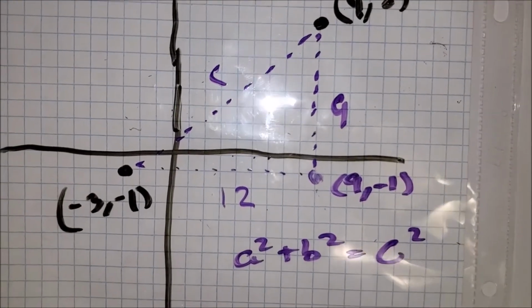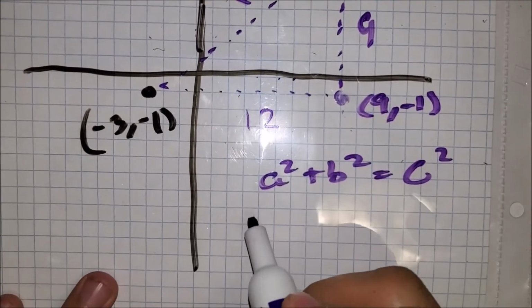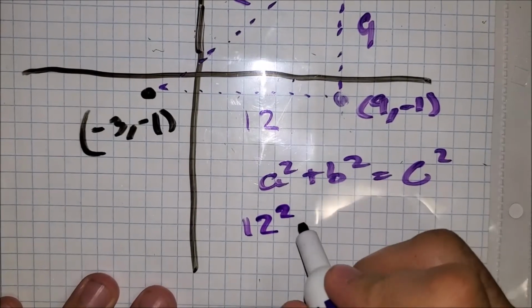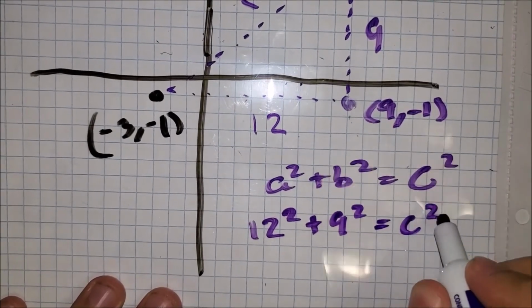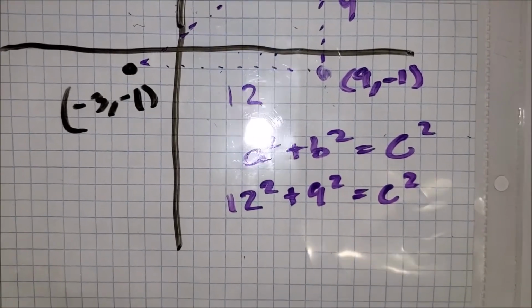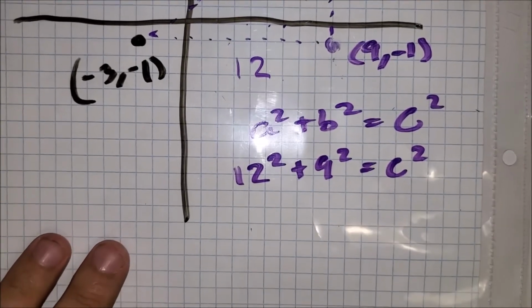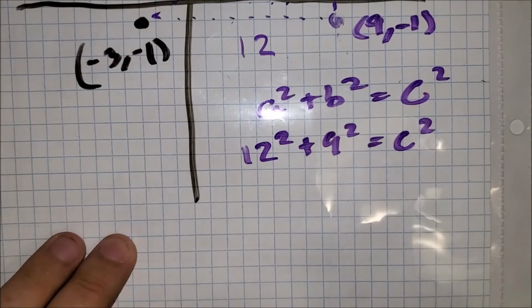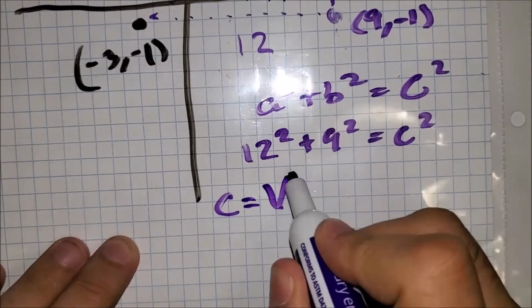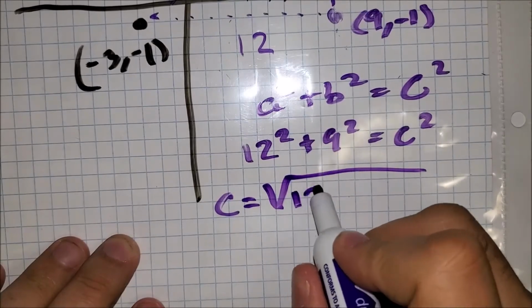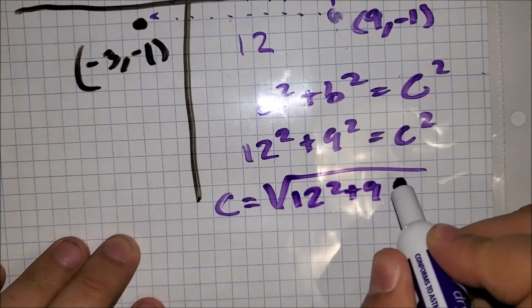So this tells us that 12 squared plus 9 squared equals c squared. We would square root both sides to find c. c equals the square root of 12 squared plus 9 squared.